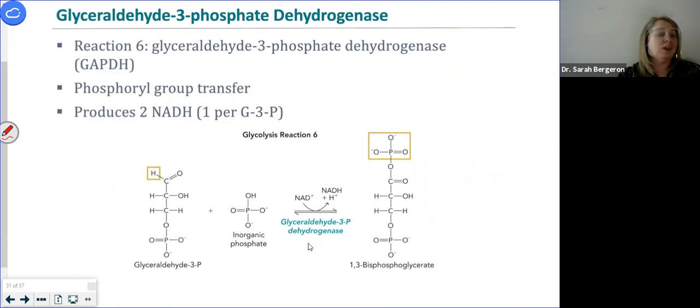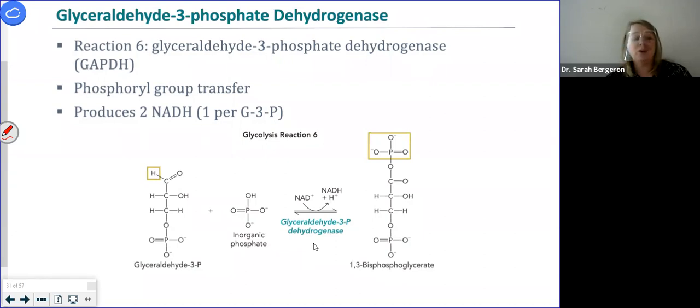What are we going to do here? Be careful. It says dehydrogenase, but what's happening to the carbon-containing molecule? We're going to phosphorylate it. We are absolutely going to phosphorylate it.